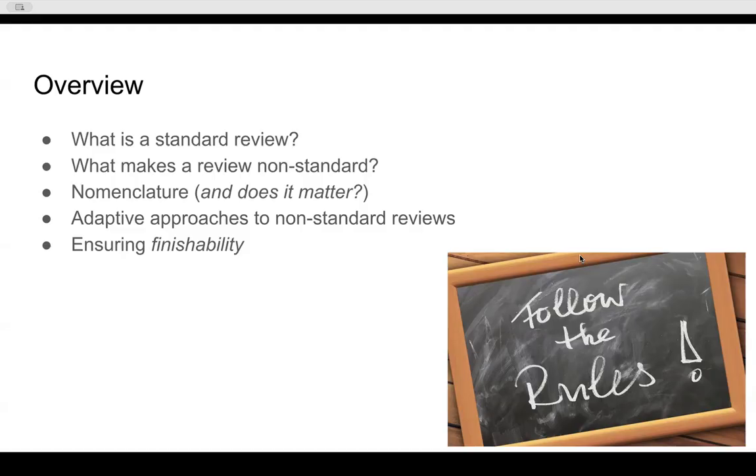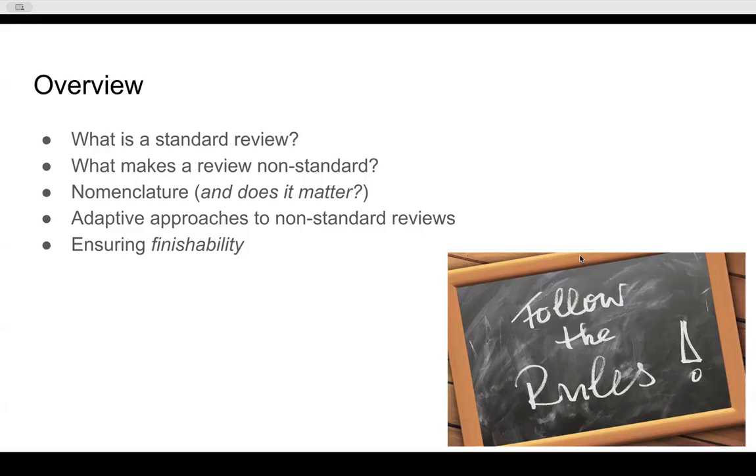I'll then run through a small number of case studies that align with different types of non-standard reviews that I've experienced, that I've come across, and we'll give some case studies to illustrate how we've tackled those topics.